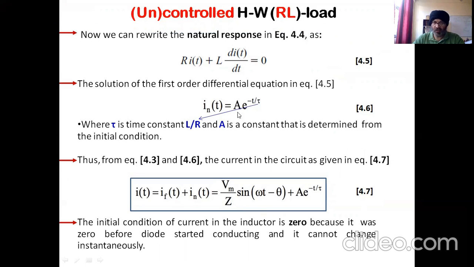So it is transient in nature. Now from equations 4.3 and 4.6: 4.3 was Vm by Z sine omega t minus theta, which was the forced response, and the natural response is exponential of minus t by tau. Both are superimposed, and now we have equation 4.7.